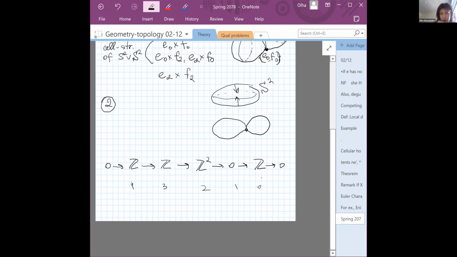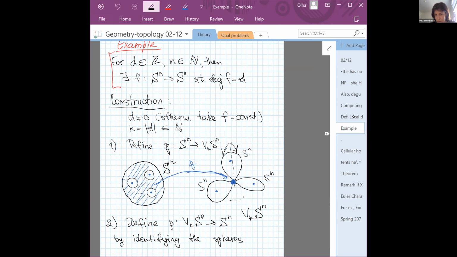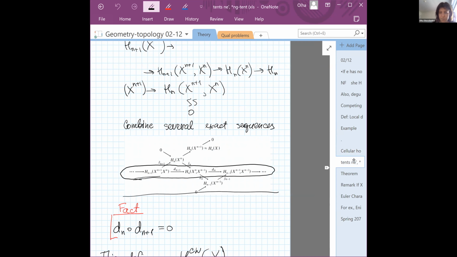What Jacob was saying is that before we added this thing, there was a 0 in here, and this map, D4, was 0, and that's not going to change.